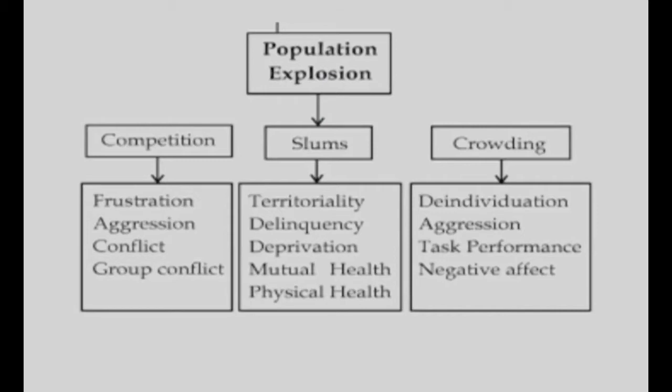Because of competition, there is a lot of frustration that develops, because every individual has his or her own needs. So they try to make all efforts to satisfy those needs. But because of scarcity of resources, some might achieve their needs, some may not achieve their needs and goals.